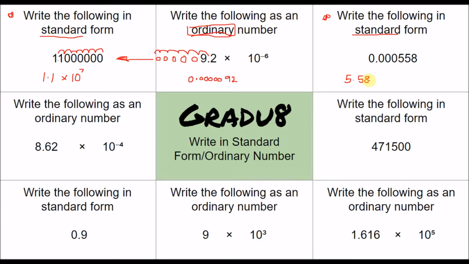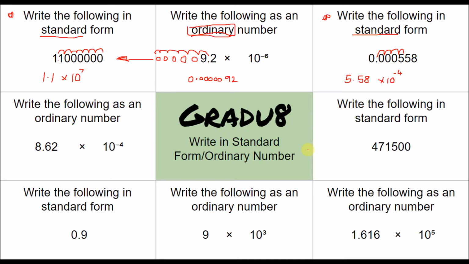So 5.58 times 10. Now this one at the moment is a negative, so we're going to figure out how we got there. We're going to go 1, 2, 3, 4, because we want to go in between the two of them. So it's going to be to the negative 4.